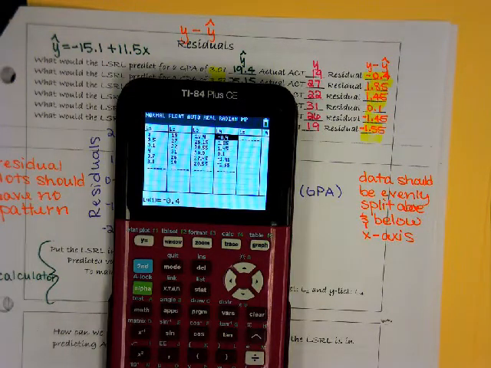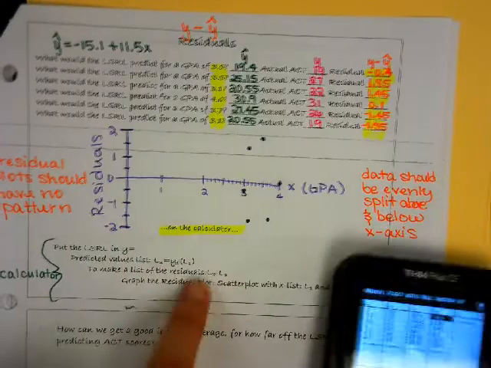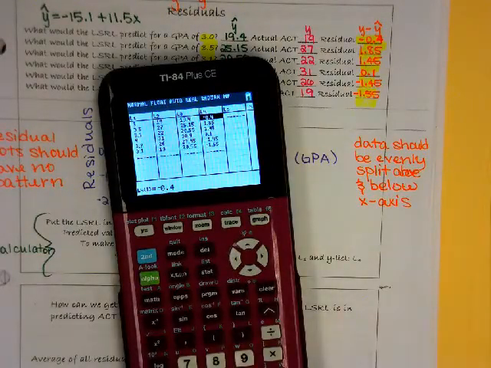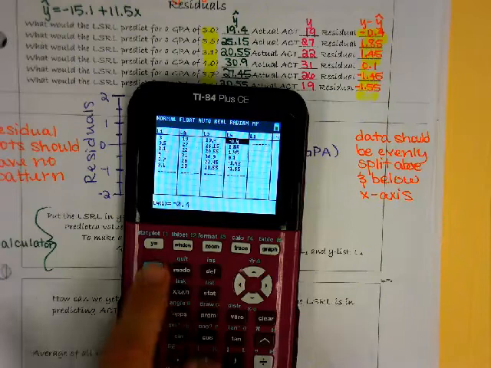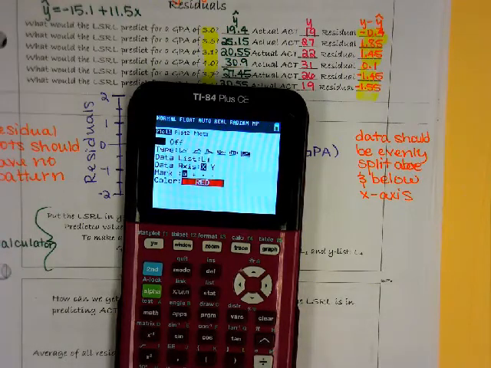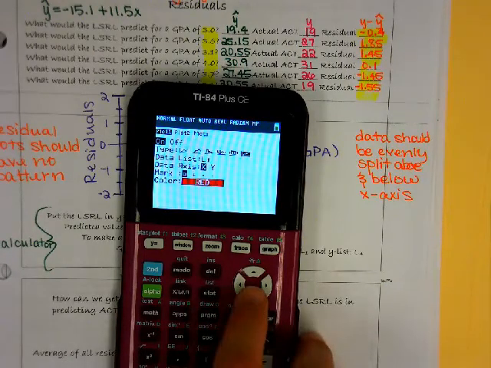And now that I have my residuals, I'm going to use a graph to make my residual plot. So I'm going to go into second Y equals to get my stat plot. Go into plot 1. We want a scatter plot, which is that first graph. Remember I told you our x is still GPA, which is in list 1 for me.